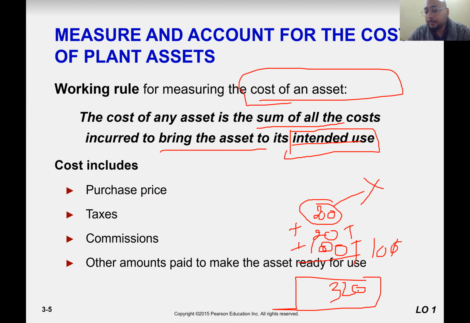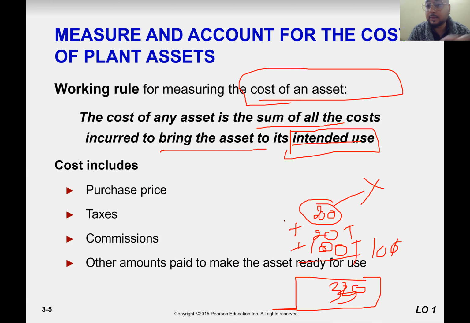So now the cost would be 330, not 320. But after 3 or 4 days of use, due to an electrical disruption, the switch is damaged and you replace that switch. That is not part of the cost, because you were already using it and then it got some damage. So that would be our expense, and that expense will go to the income statement.